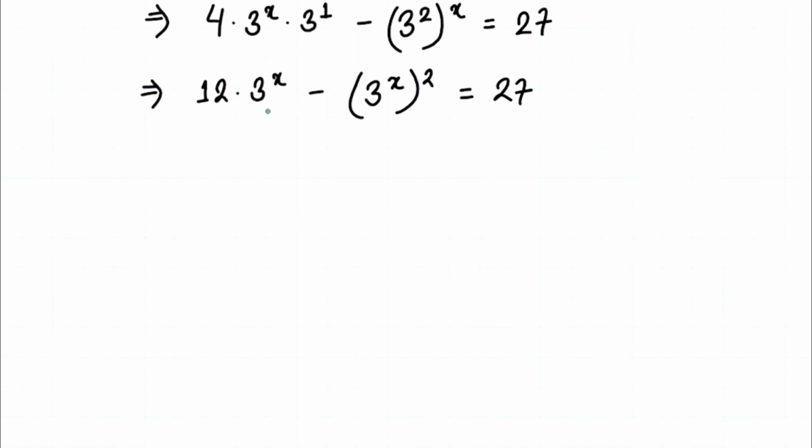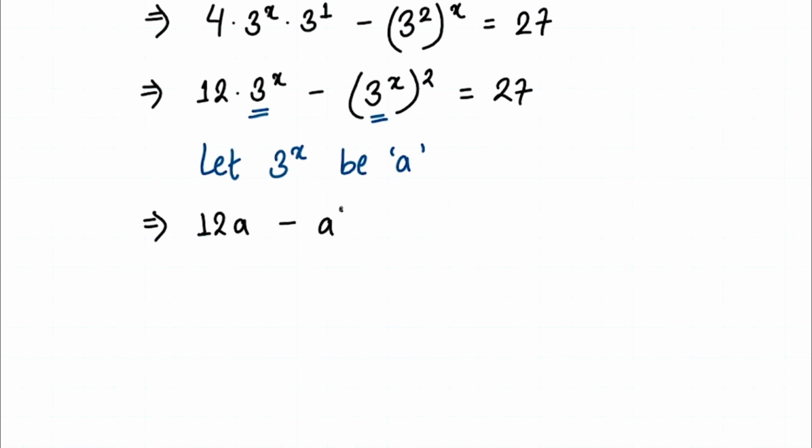Now again what we're going to do is we're going to assume this 3 to the power x as a, okay? So let 3 to the power x be a. Then we have 12, our 3 to the power x is a, right? Minus, again our 3 to the power x is a, so we can write this as a square equals 27.